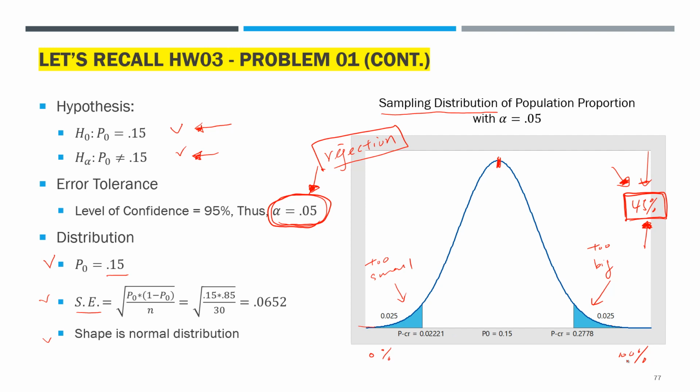Everything is possible. However, if you stick to the everything-is-possible rhetoric, you will not be able to make any decision. So that is the reason why we specify alpha equal to 0.05.